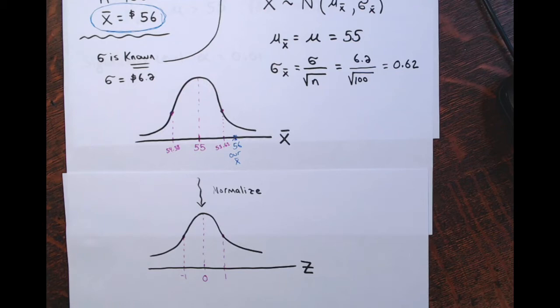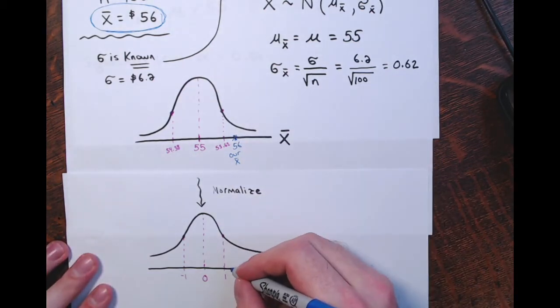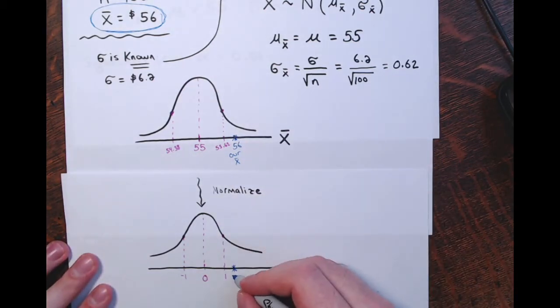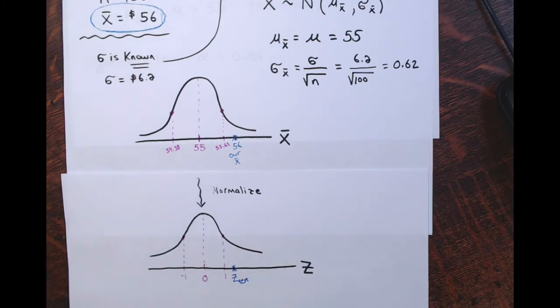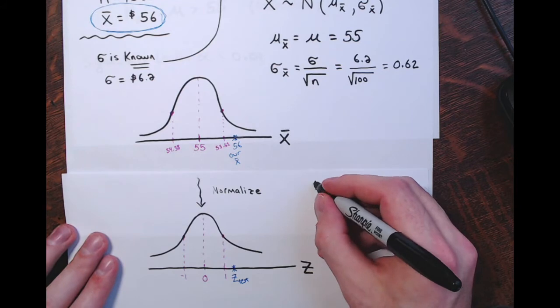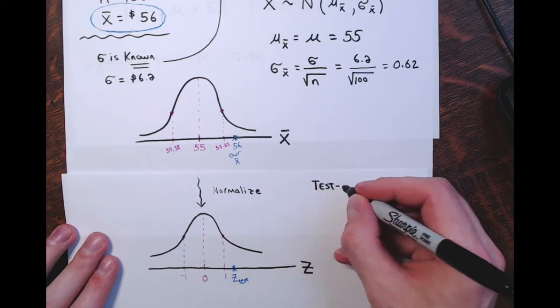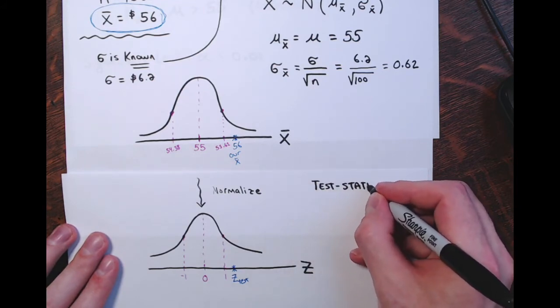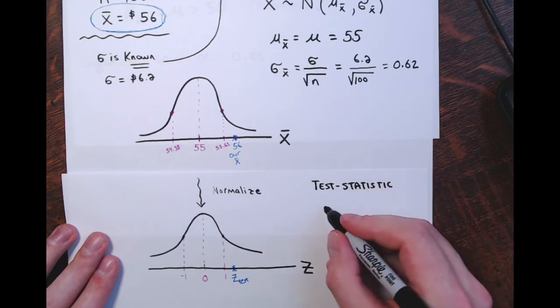All right, the question is, what's the z-score of 56? So I'll call this z-test, and this was our test statistic. You took from the sample, you calculated a test statistic. So again, I'm calling this z-test.